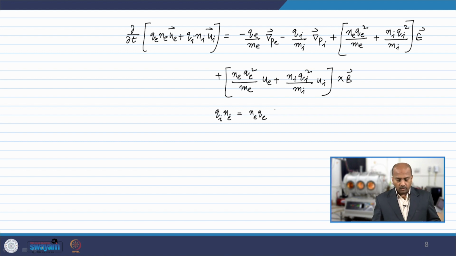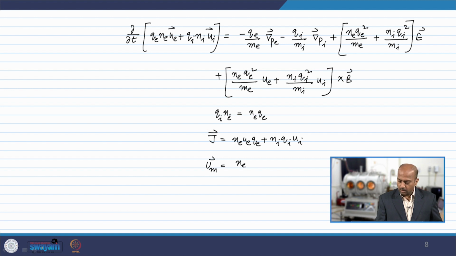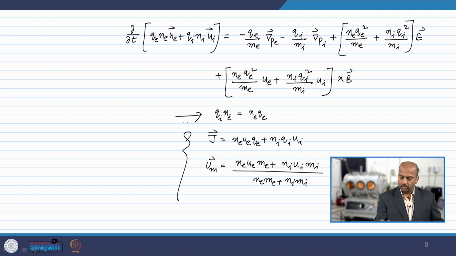So the total positive charge is equal to the total negative charge. We define the current density J as NeUeQe plus NiQiUi, and the mass velocity as (NeUeMe plus NiUiMi) divided by the total mass density.